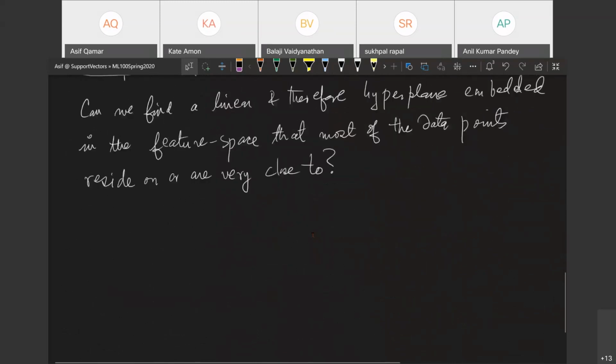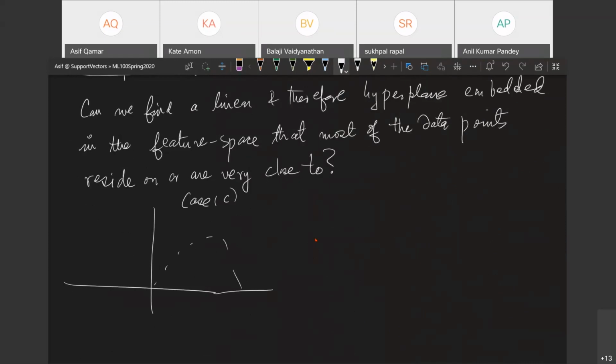There is also a case where it doesn't work. Let's say that you have a relationship like this, case C. If you remember, I gave you a data set like this. Do you guys remember your data set 2? Yes, sine wave. So here, if you look at it, are all the data near a lower dimensional hyperplane?